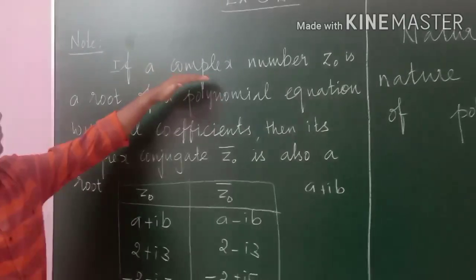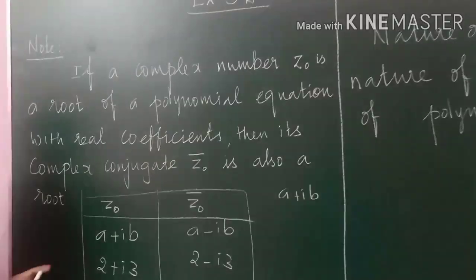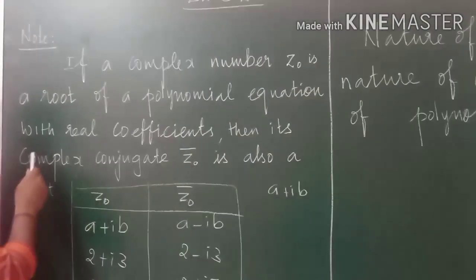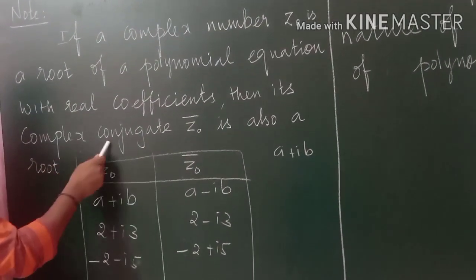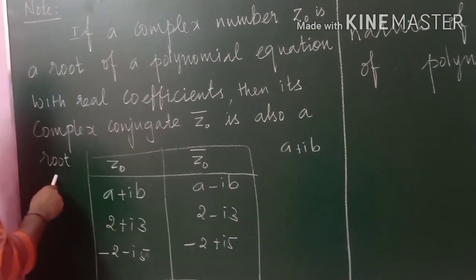So if a complex number z0 is a root of a polynomial equation with real coefficients, then its complex conjugate z0 bar is also a root.